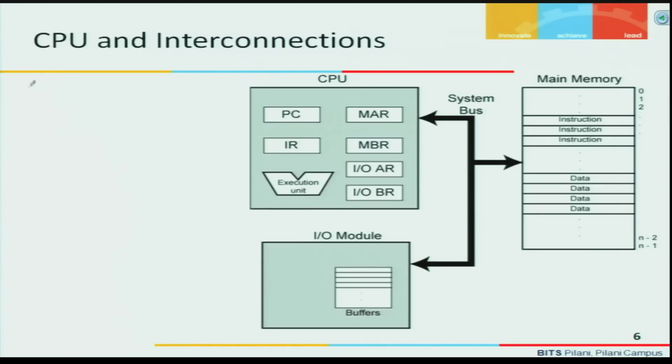Now you know what PC contains: the address of the next instruction to be executed. So, PC contains the address. What will be the size of the PC for the total memory? Let us say the total memory space is 2 raised to the power n.